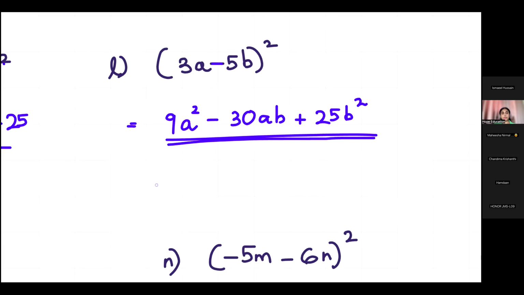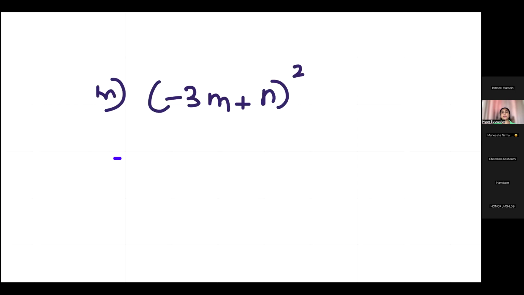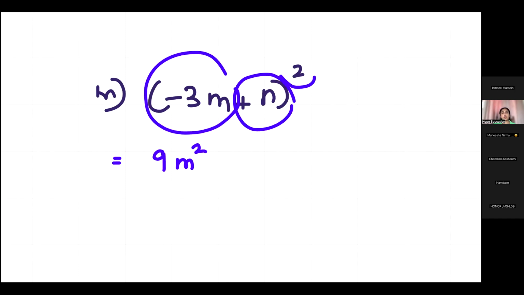Okay. Then this one. First term squared: 3 times 3 is 9, m times m is m squared, minus times minus is plus. Then first term multiplied by second term multiplied by 2. So here 3 times 1 is 3, 3 times 2 is 6.